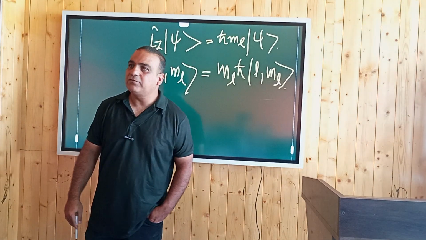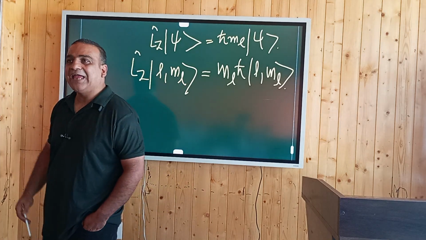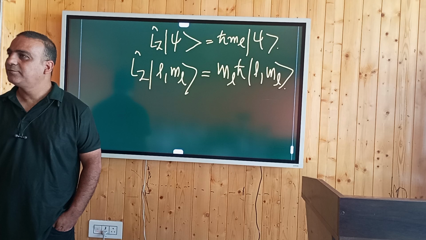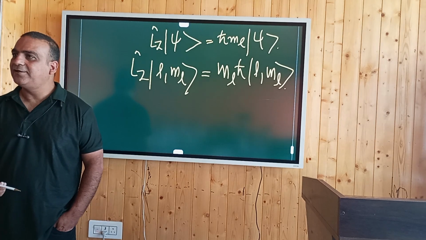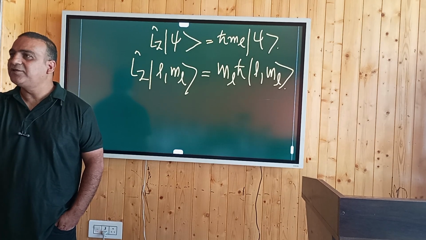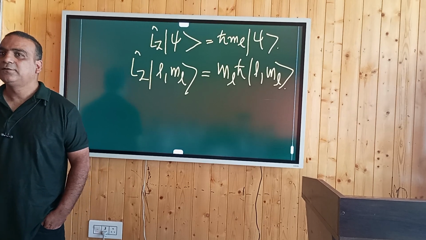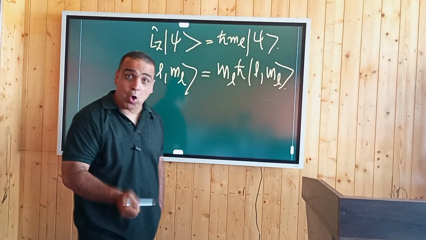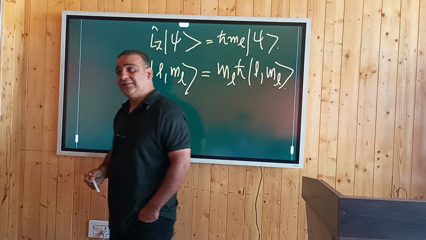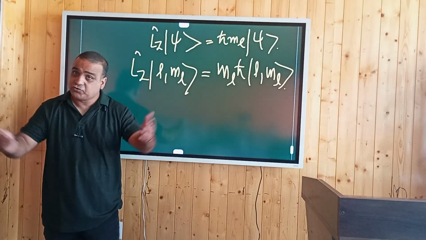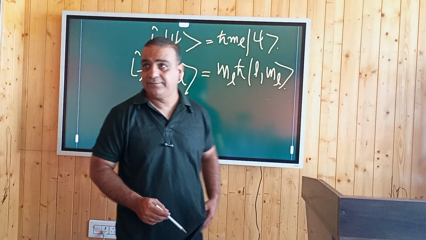Now what we have to calculate? We want to calculate the correction. And how we calculate that? We calculate the matrix element of the perturbation in the framework of what? In the framework of the known eigenstates. This ML and L is known to you. You have solved the problem of hydrogen atom.